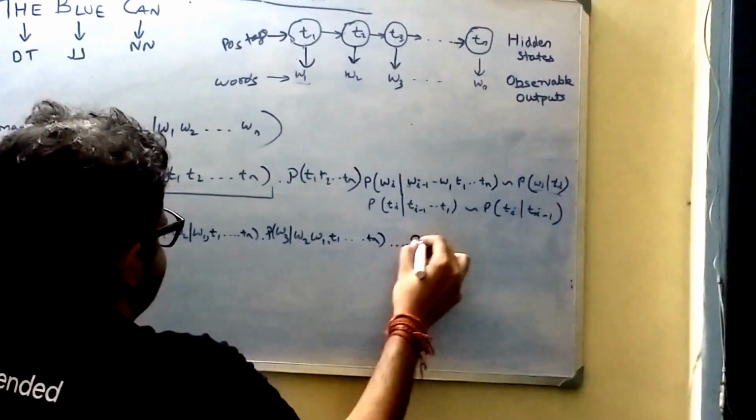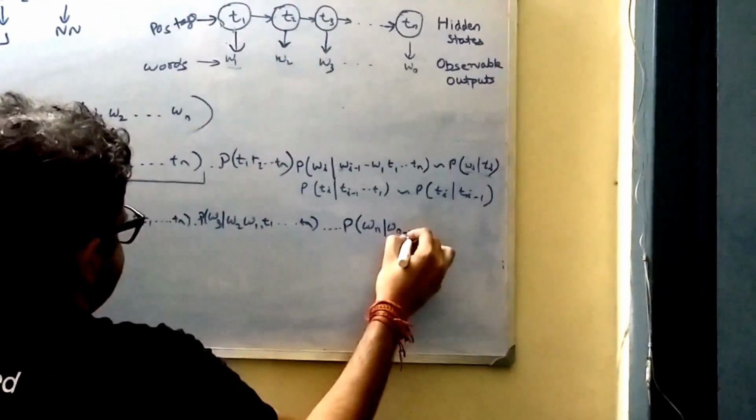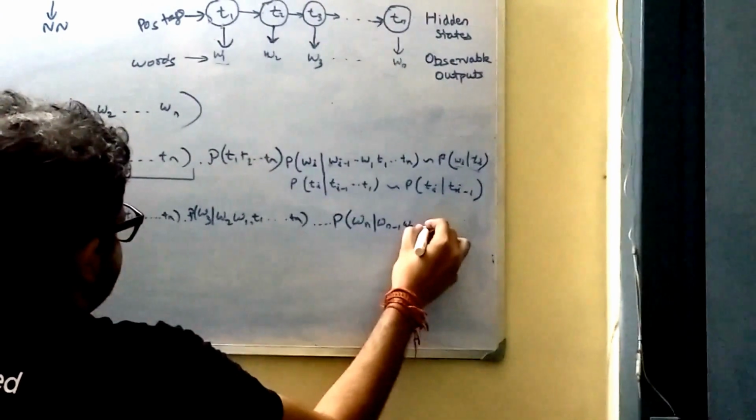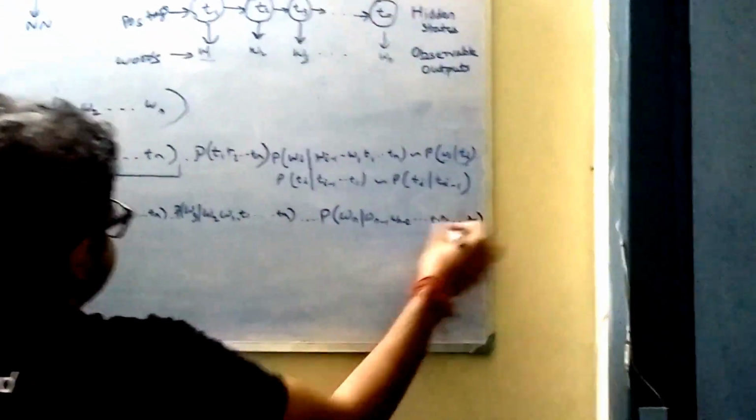This will go on till probability of wn given wn minus 1, wn minus 2 and so on, t1, t2 till tn.